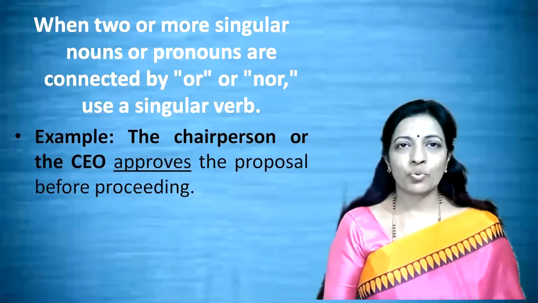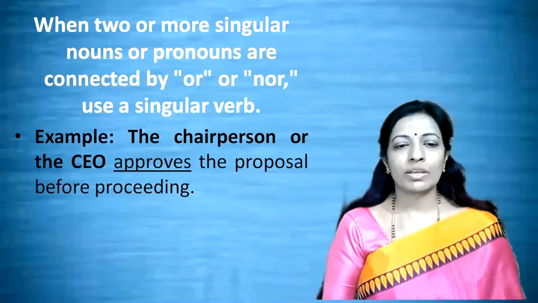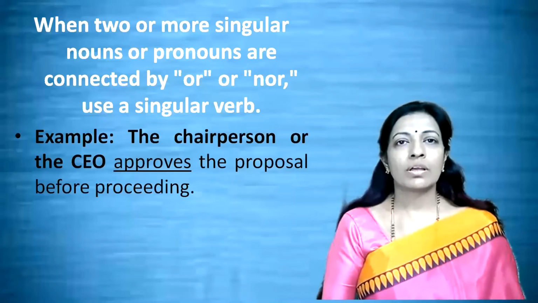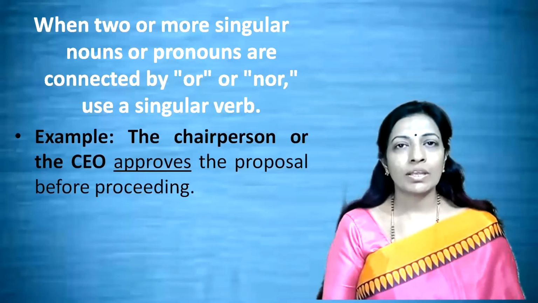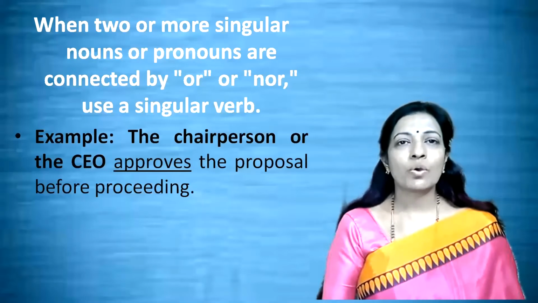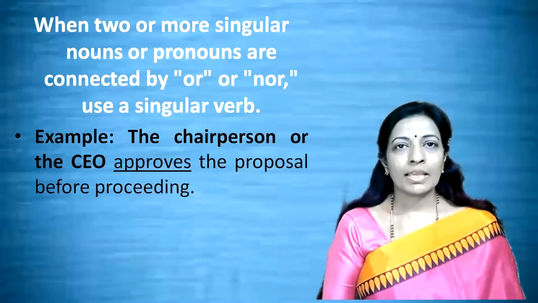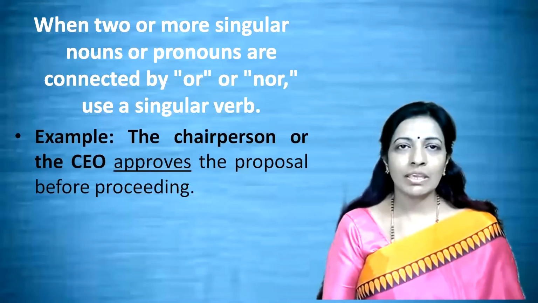Another simple rule which we need to follow is when two or more singular nouns or pronouns are connected by or or nor, then we need to use a singular verb. For example, the chairperson or the CEO approves the proposal before proceeding. In this sentence, there are two nouns, the chairperson and the CEO.